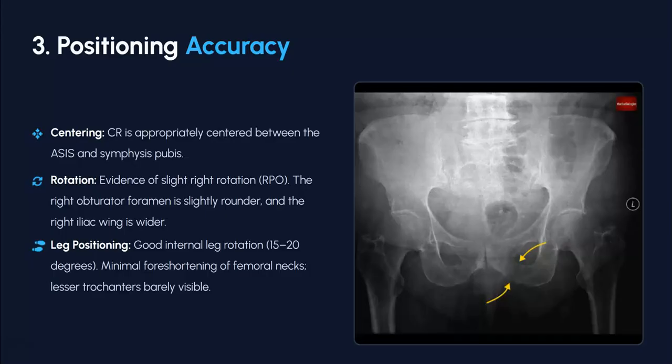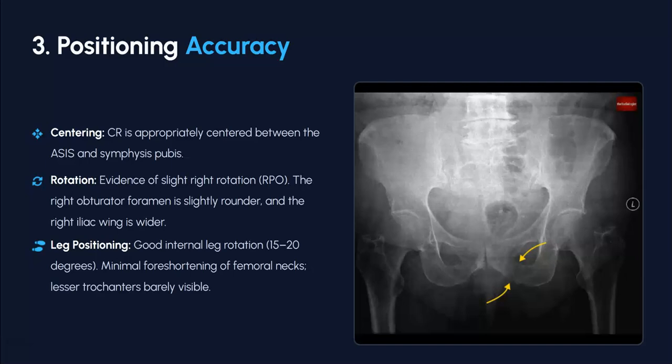In radiographic positioning, the side that is elongated and shows an open obturator foramen is the side that is closest to the image receptor. Therefore, these specific anatomic relationships conclusively tell us that the patient is slightly rotated toward their right side, placing them in a slight RPO, or right posterior oblique, position.